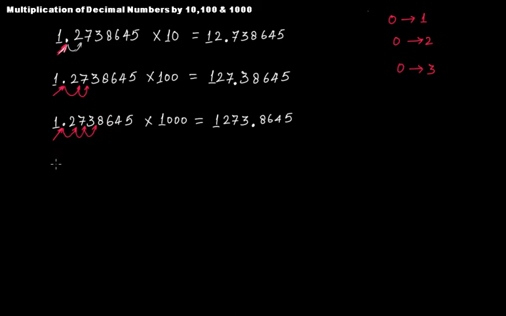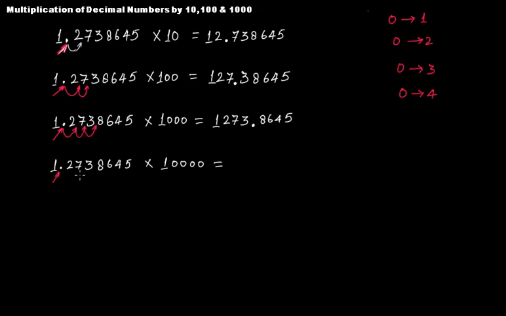Same number, 1.2738645, is multiplied with, let's say, 10,000. How many zeros do we have here? We have 4 zeros. Our decimal point is here.